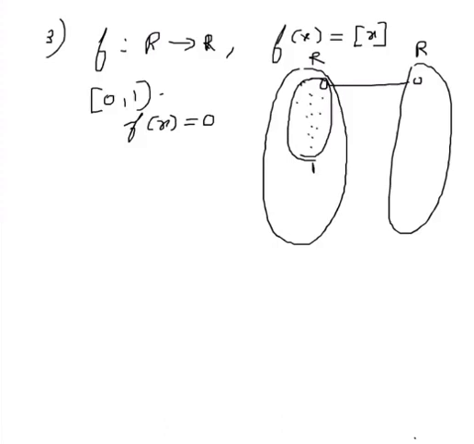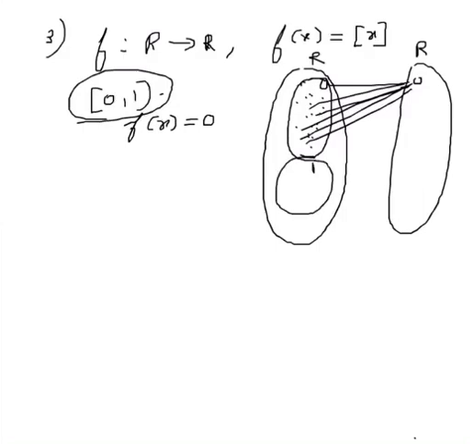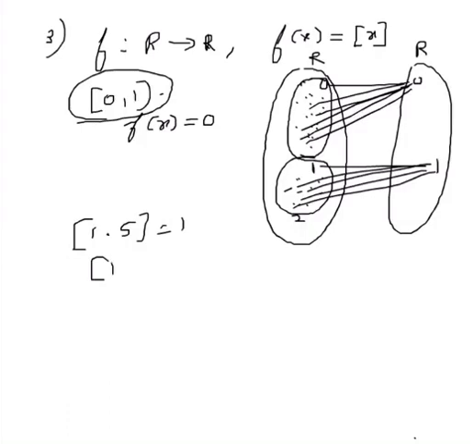So how many real values are there between 0 and 1? Infinitely many. For all these values, the answer is 0. Then for all real values from 1 to 2, including 1, the greatest integer function becomes 1. For example, the greatest integer function for 1.5 is 1. For 1.99 is also 1, etc. So it becomes a many-one function.